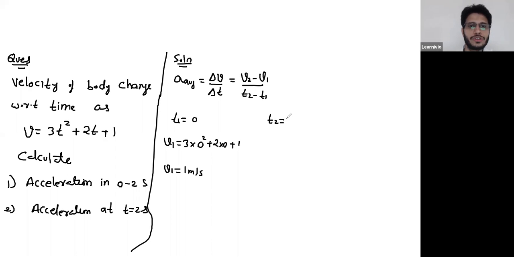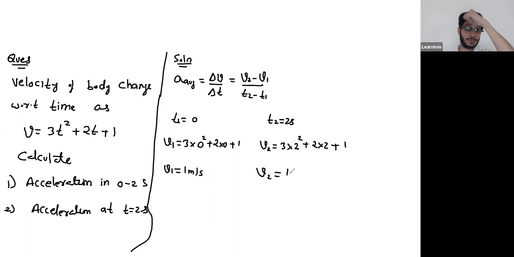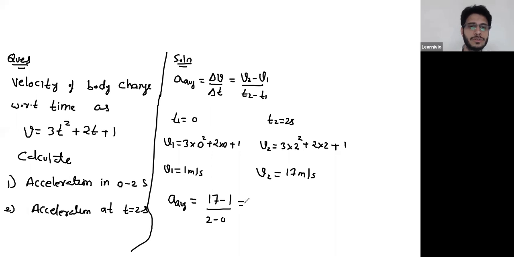T2 is 2 seconds, and V2 is 3 into 2 square plus 2 into 2 plus 1, which is 12 plus 4, 16 plus 1, 17. So average acceleration is 17 minus 1 by 2 minus 0, so it's 16 by 2, which is 8 meter per second square. This is the average acceleration.